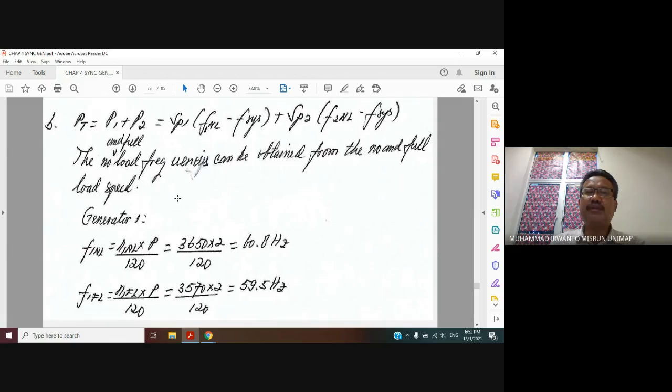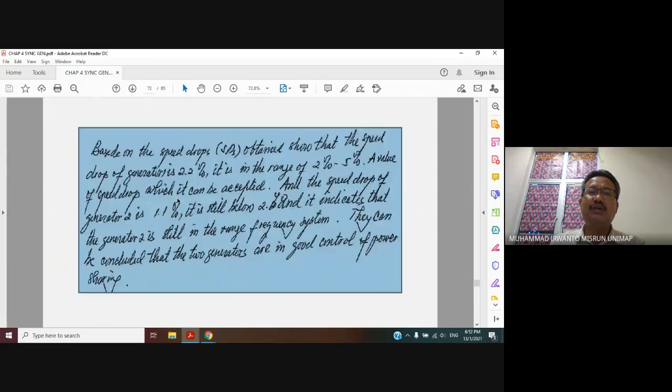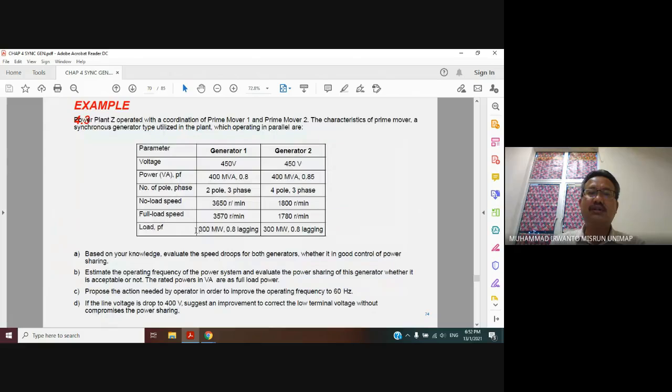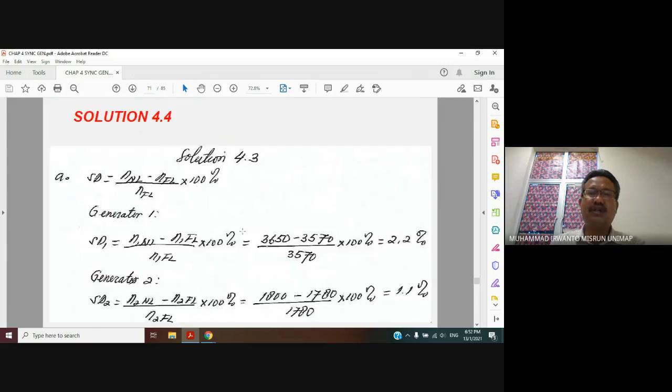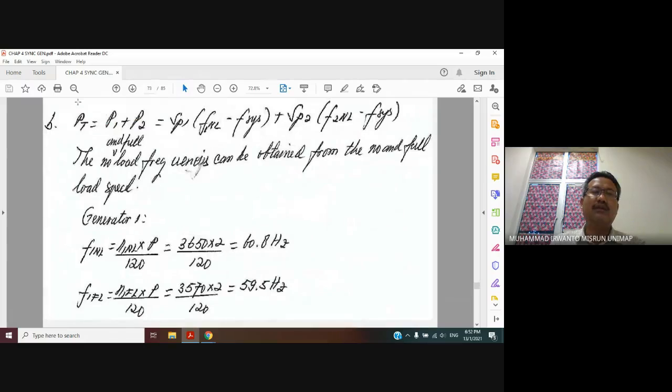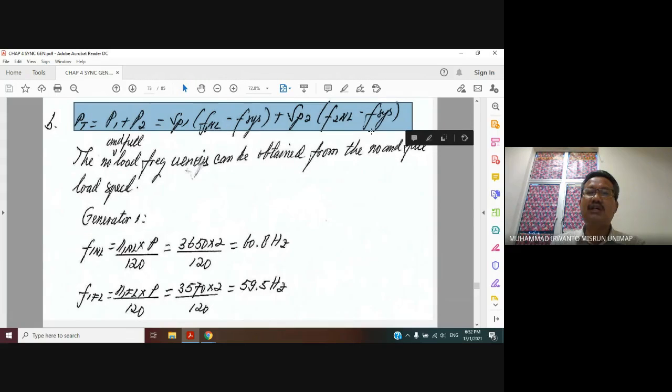From the question, given load 1 and load 2, the total power is P1 plus P2, 300 plus 300, equal to 600 megawatt. We can use this formulation to find the system frequency.